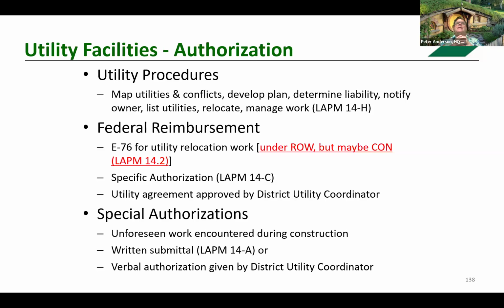So the key thing on this is that an investigation of liability has to occur with the right-of-way personnel.